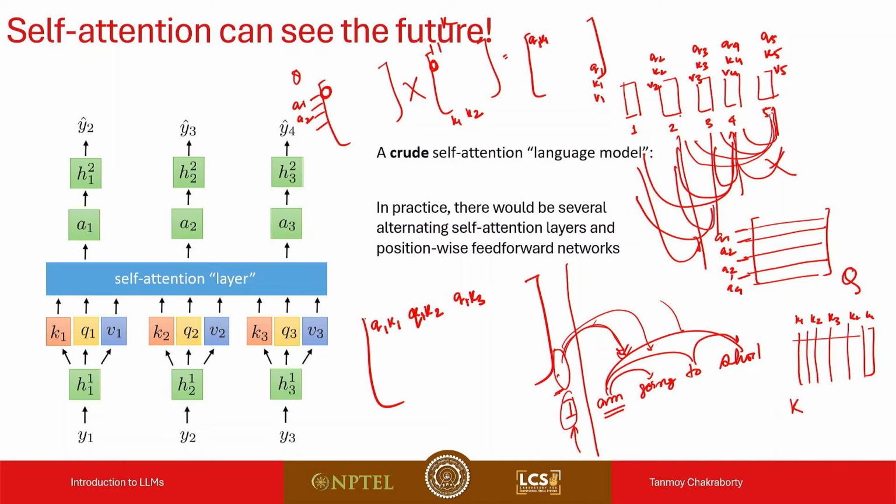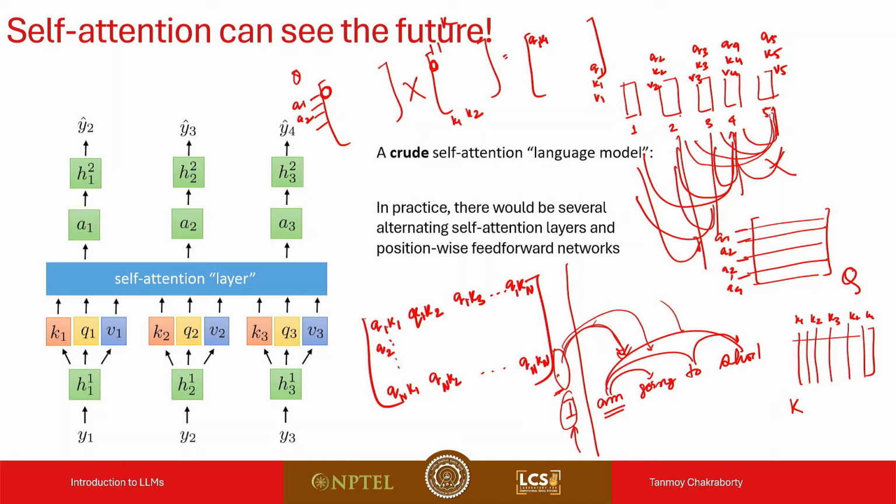These are all dot products, dot dot dot, Q1Kn, where n is the size of the decoder. Similarly, dot dot dot here, QnK1, QnK2, dot dot dot, QnKn.